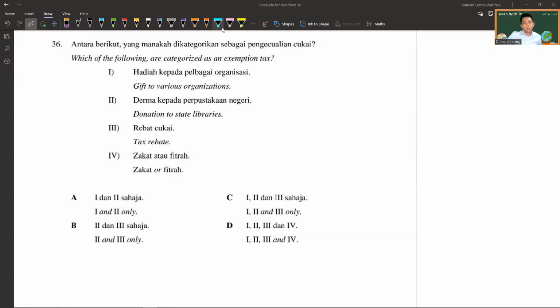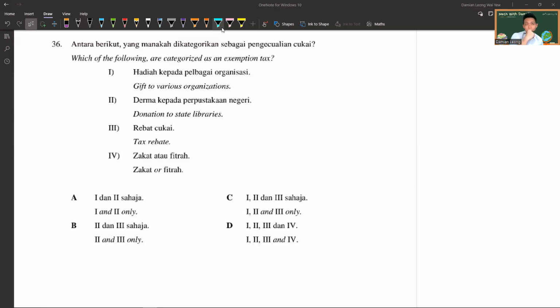Yeah, the income that is not charged as tax, but this one is not really right, because tax exemption is different from tax relief.